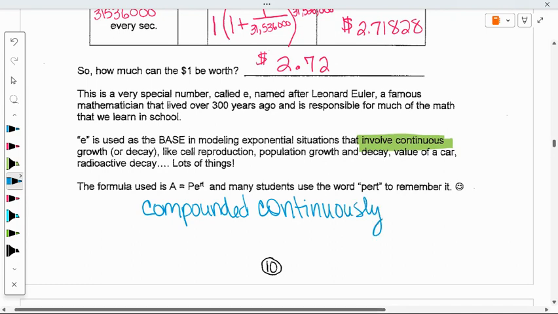Things that compound continuously are like cell reproduction, bacteria growth, things that just keep going, that aren't in the control of a human pushing a button, okay?